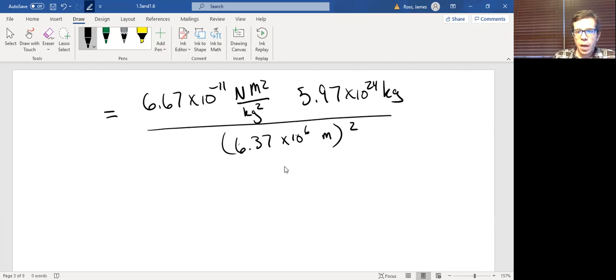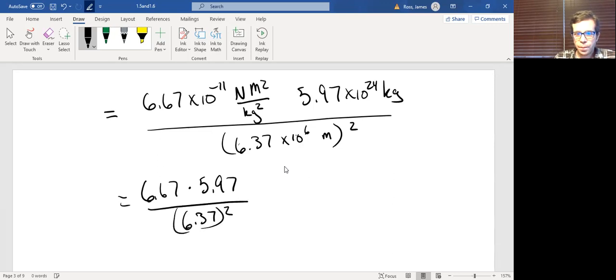So let's first break this up with scientific notation. I can say 6.67 times 5.97 over 6.37 squared times 10 to the minus 11 times 10 to the 24th over 10 to the 6th squared.